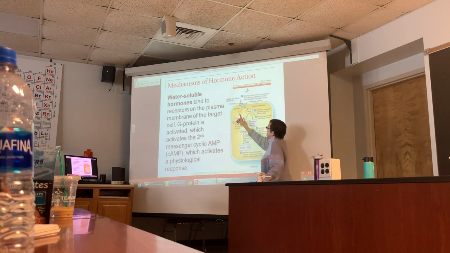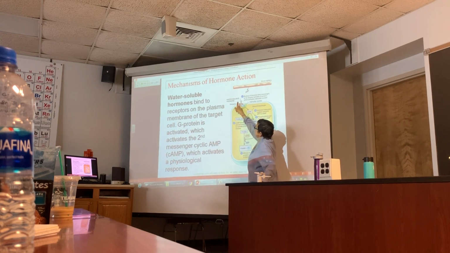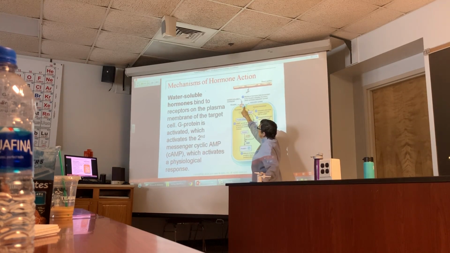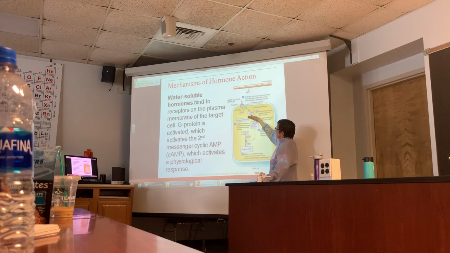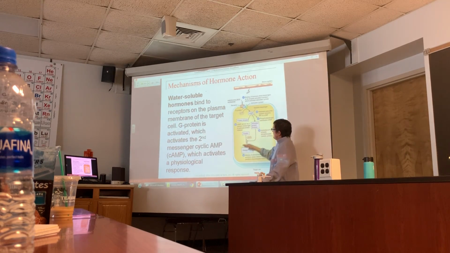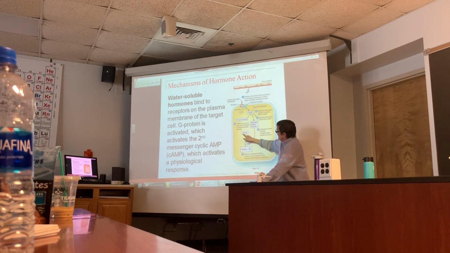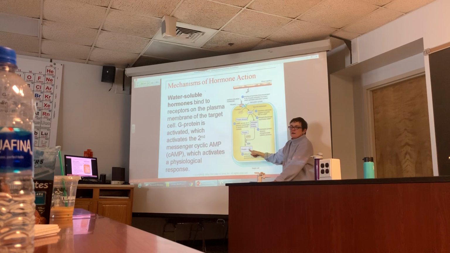In this case, binding of the hormone to the receptor activates a G protein, which in turn activates a second messenger system. I'm not going to get into all the steps here, but a second messenger system, like ATP being converted to cyclic AMP, sets all this stuff into motion. Notice that what ends up happening is a protein gets phosphorylated. That's usually what ends up happening.